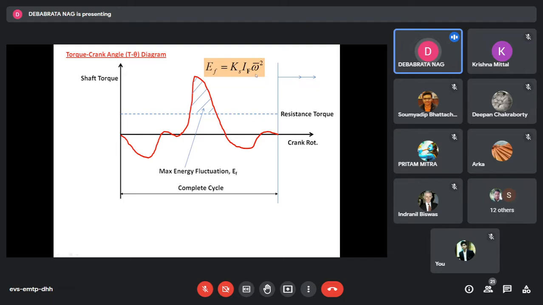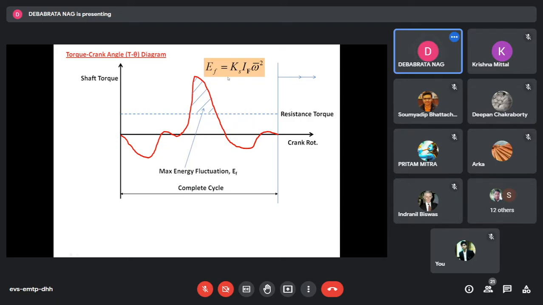And omega bar is the mean speed. So there is some maximum speed above the mean speed and minimum speed below the mean speed. So this range, omega max minus omega min, divided by omega bar, right, will be called the coefficient of speed fluctuation, where omega bar is the mean speed, approximately equal to half of omega max plus omega min.